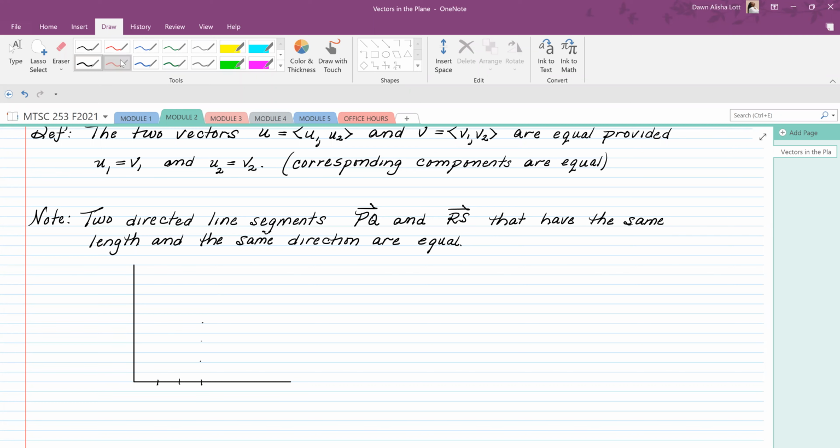So let's do that vector. Okay, so this vector, v, so v is the vector 3, 3.